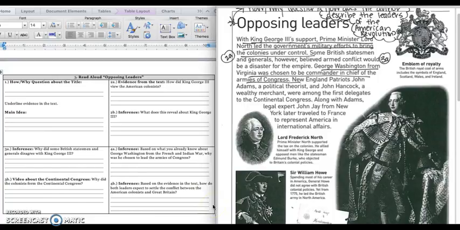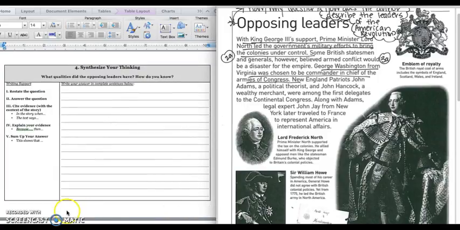So in 4B, we would write down both leaders expect that there will be a war because they are both forming armies. Press pause to write down your answer and play when you're ready for the paragraph. It says, what qualities do the opposing leaders have? How do you know?